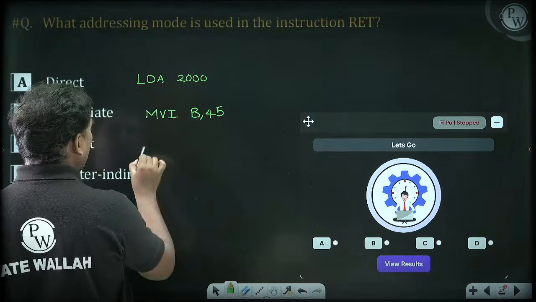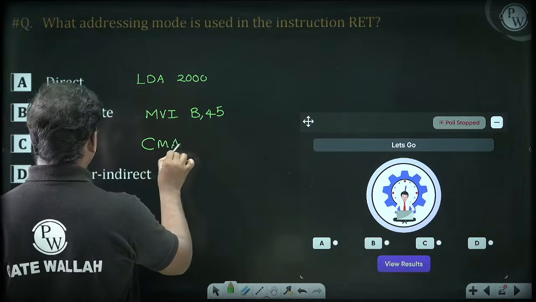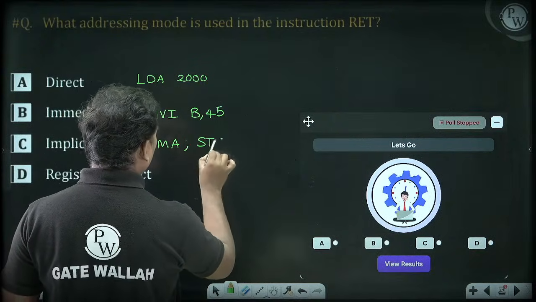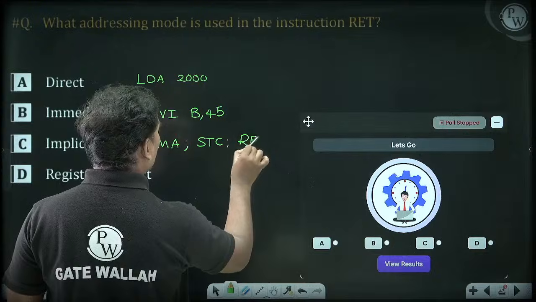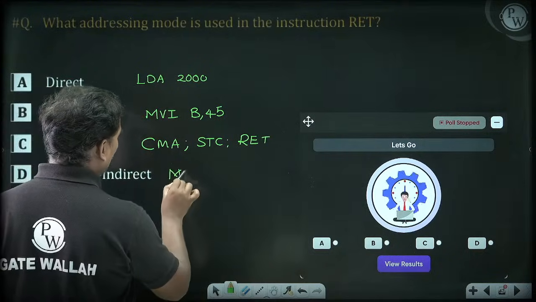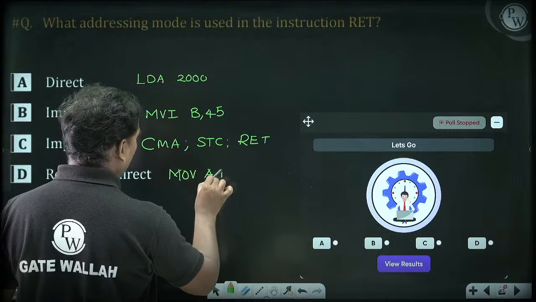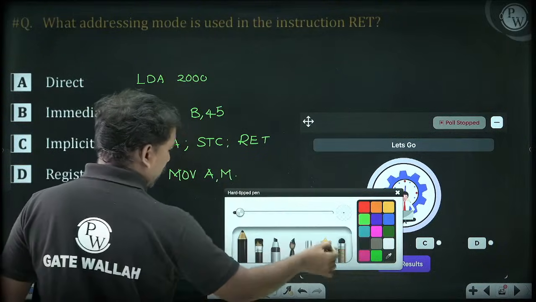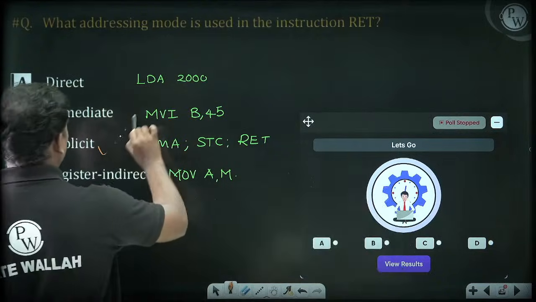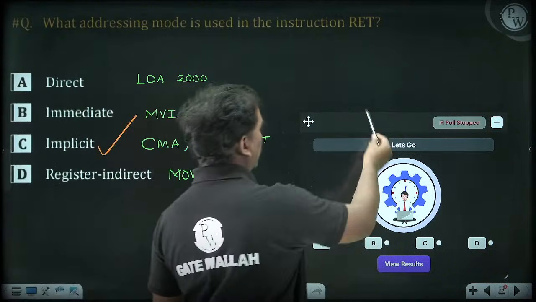Next, implicit addressing mode, complement accumulator, like STC, return. So these all are implicit addressing modes. Register indirect, so MOV A comma M. This is a register indirect addressing mode. So the right answer here is implicit. Option C is the right answer.